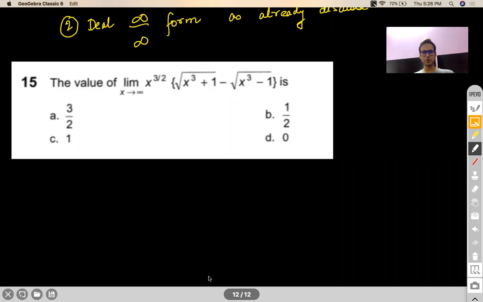Five, four, three, two, one, go. It's okay. I mean, I don't mind you giving a wrong answer here. I just want to see your attempt. Okay, most of you have gone with C. Most of you have gone with C.